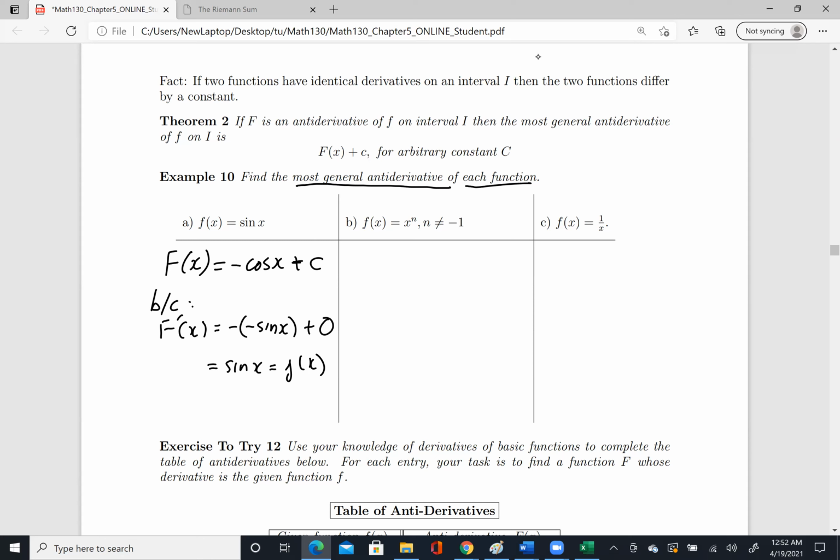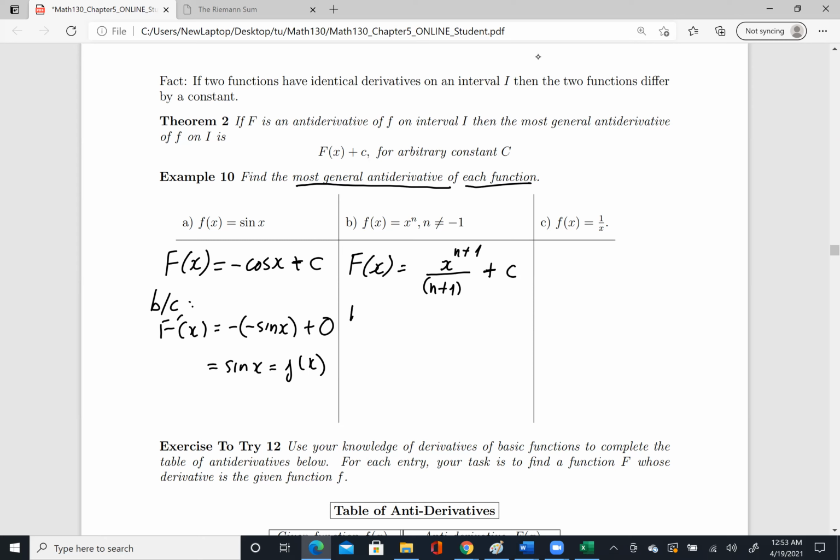I see that. Okay, now for f(x) equals x to the n, with n not equal to -1, you can think about F(x) having to have x to the n plus 1, and then I divide by n plus 1, so that when you take the derivative, you eliminate the n plus 1 factor. And then to make it general, I add a constant.